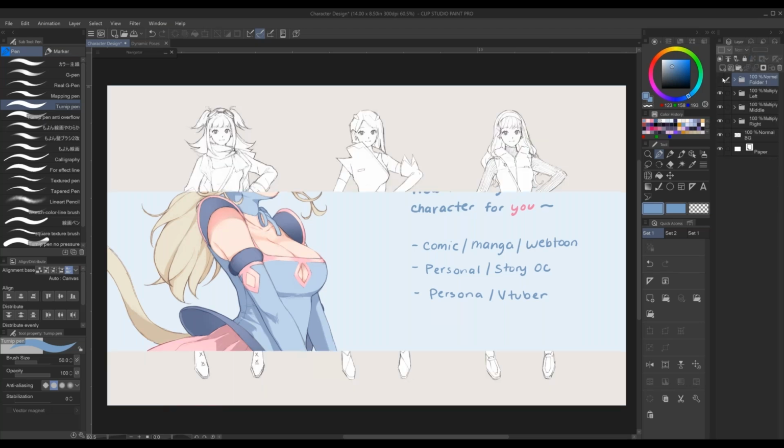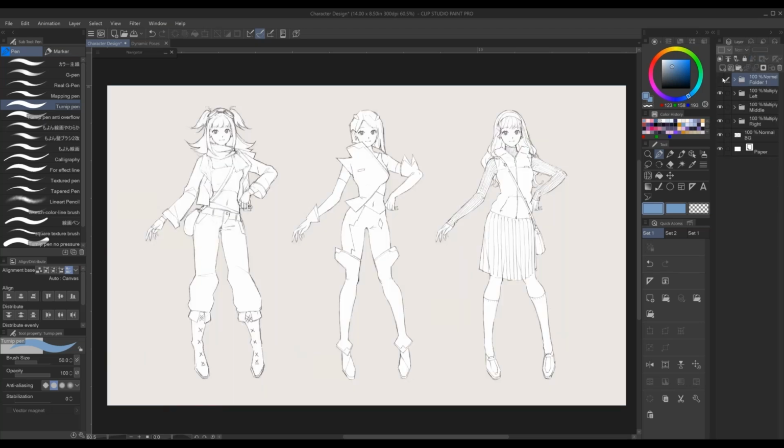Okay, so here are some character designs that I drew up pretty quickly. Each of them has a different aspect that I want to touch on with this stream. For the reference, I used the same base for each one, and I wanted to go over the different ways that clothing, hairstyle, and textures change the way that you perceive a character.